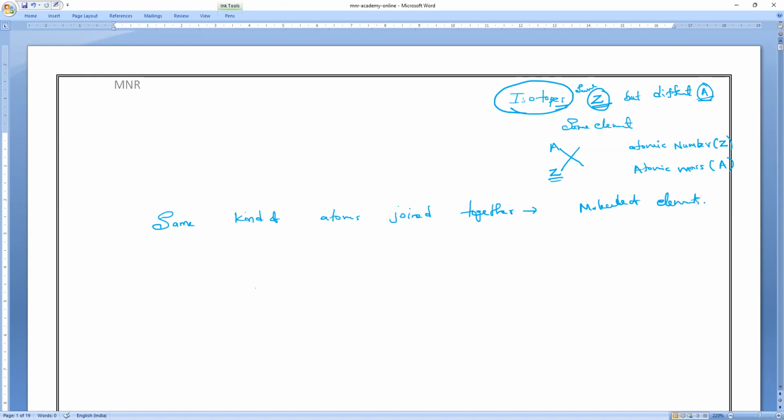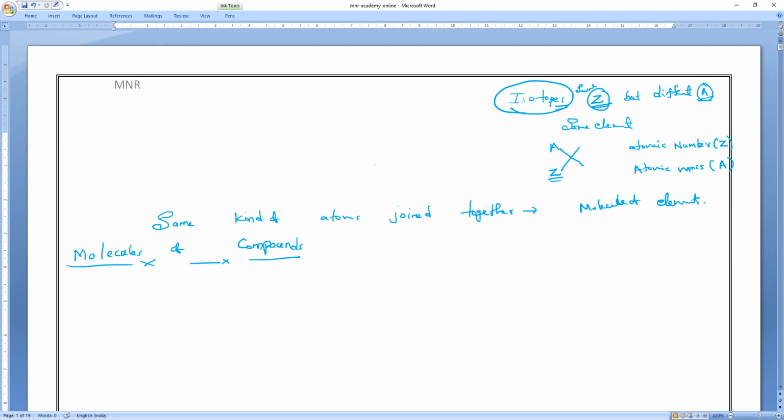Now, what is our concept? Molecules of compounds. So all of you keep ready. Molecules of compounds means the compounds have molecules as their independent and repeating units.